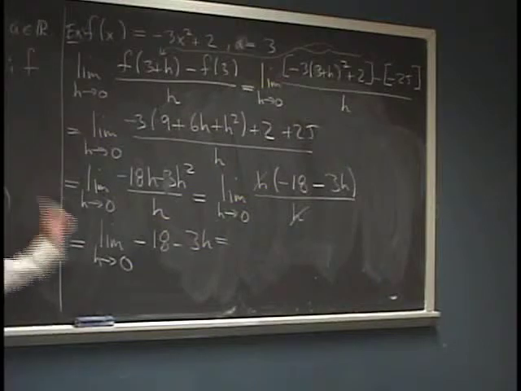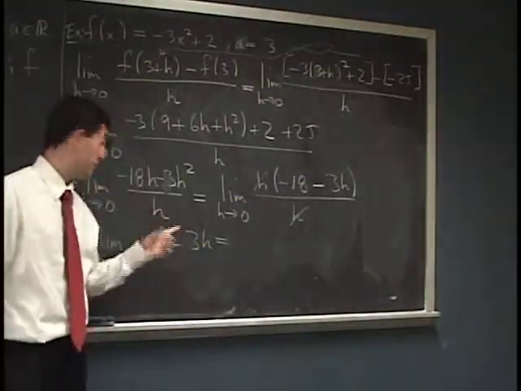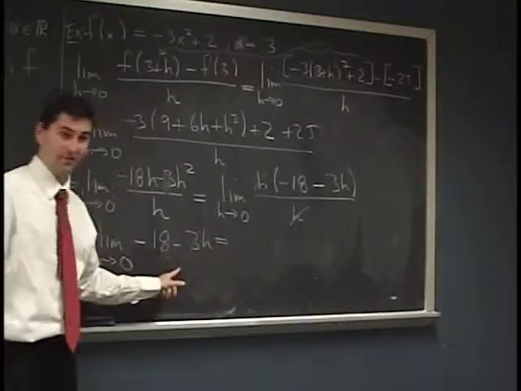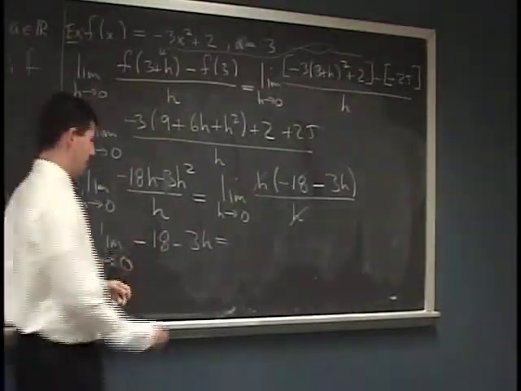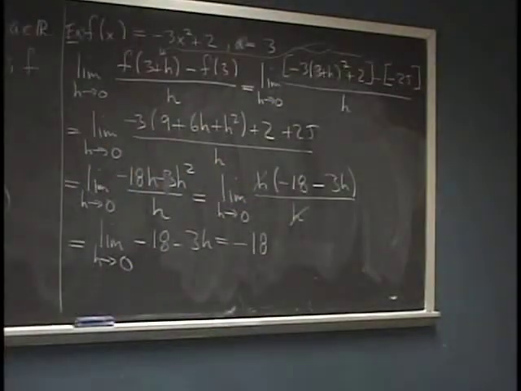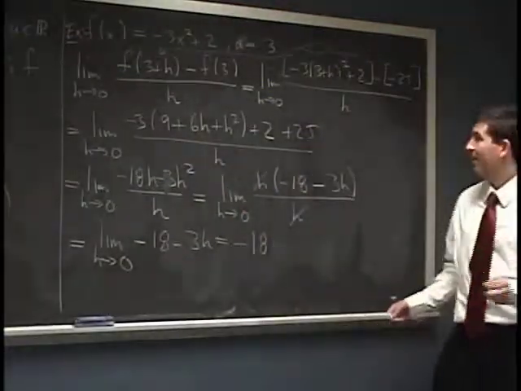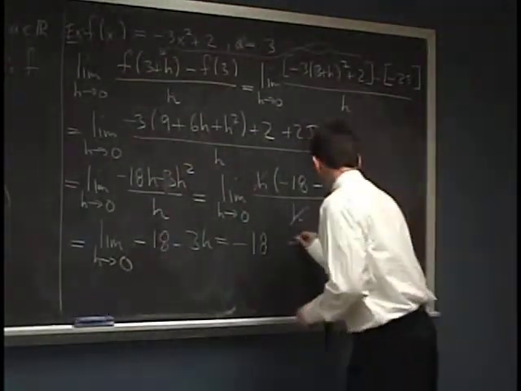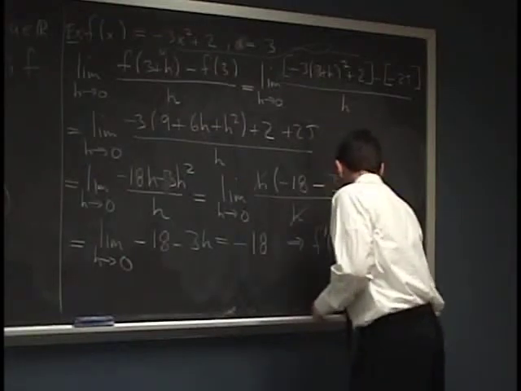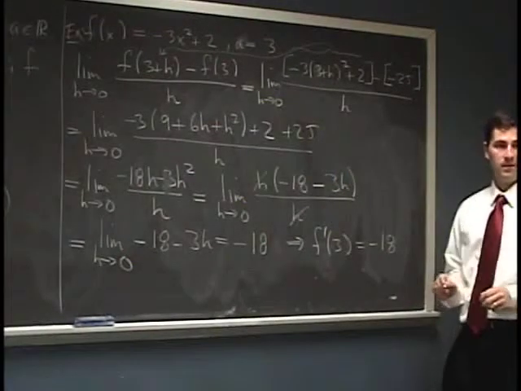While I don't allow h to be 0, I do allow it to go to 0. And as it goes to 0, minus 3h goes to 0, and I'm just left with -18. So the limit exists. It's -18. And so we could say that the derivative at 3 is -18.